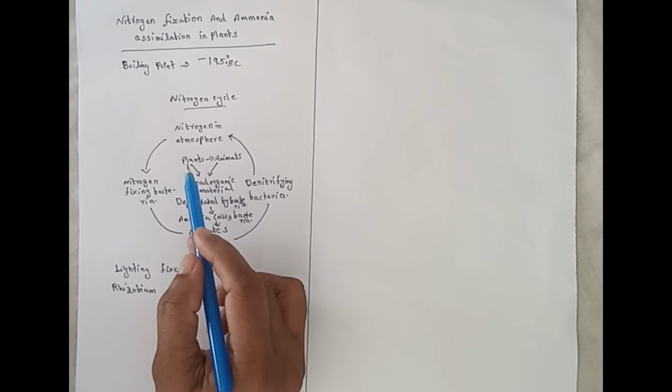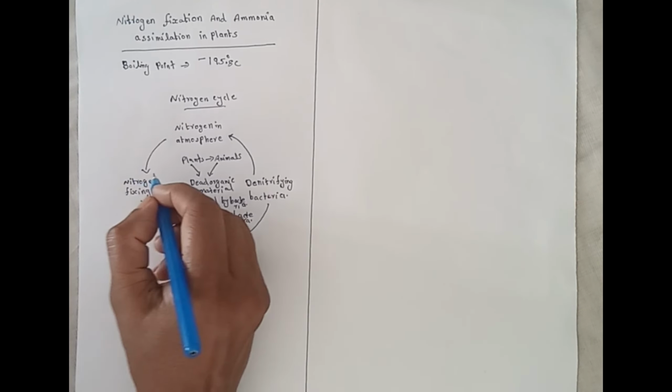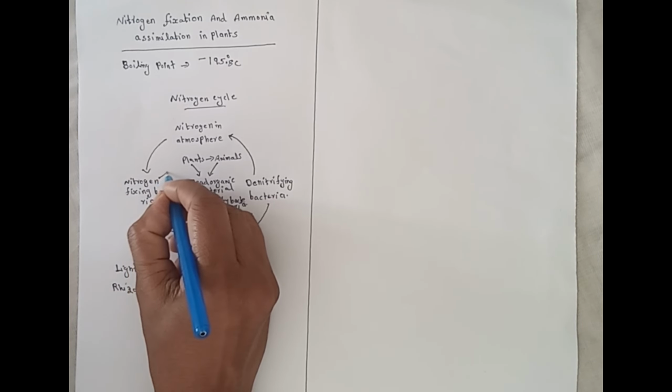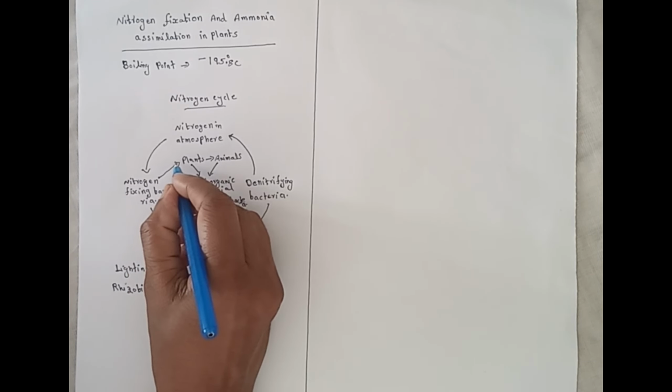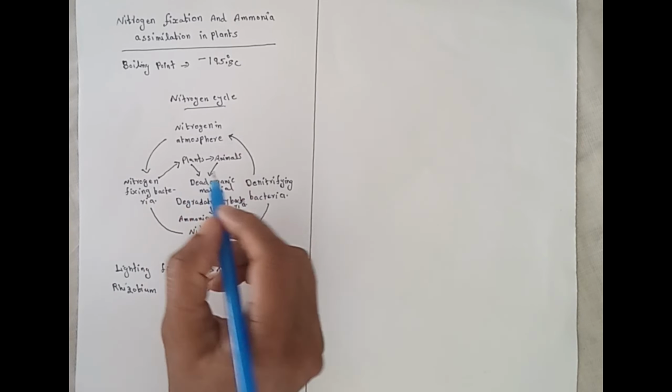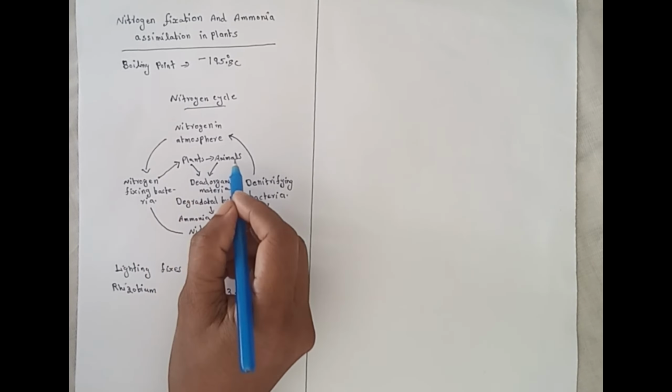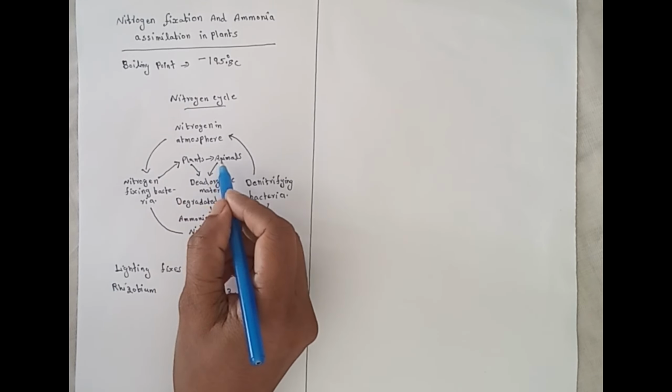There is another step. Nitrogen fixing bacteria help in symbiotic form and fix the nitrogen in plants. Animals utilize this nitrogen.